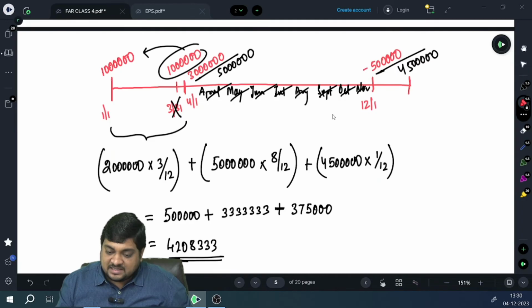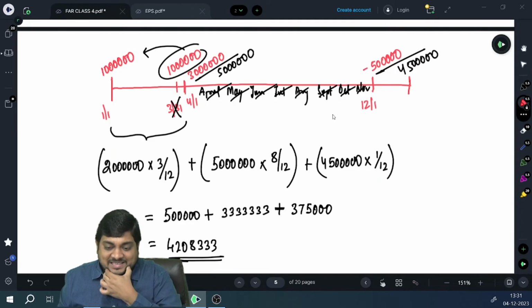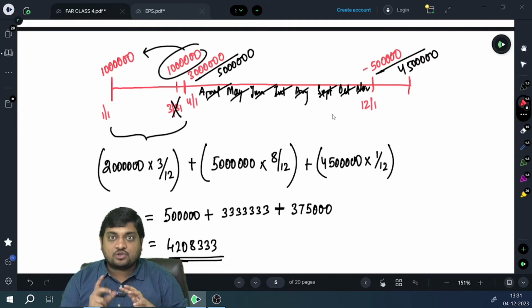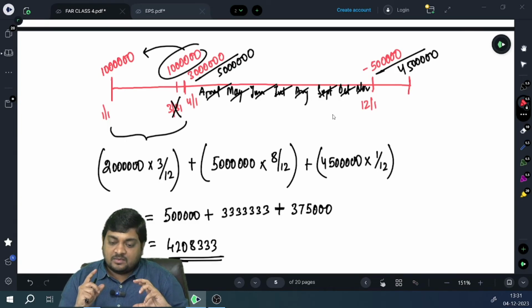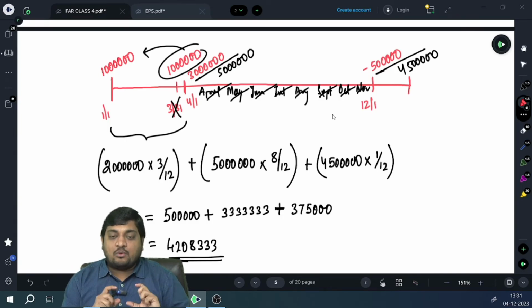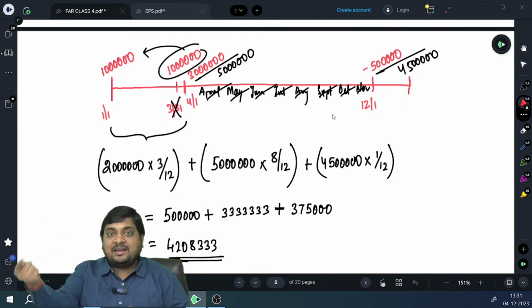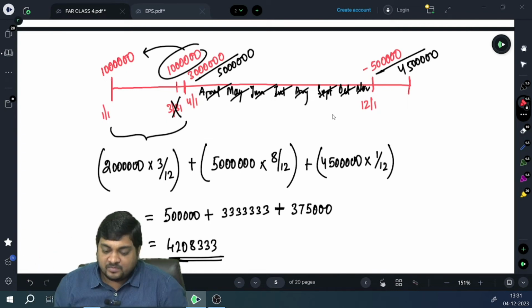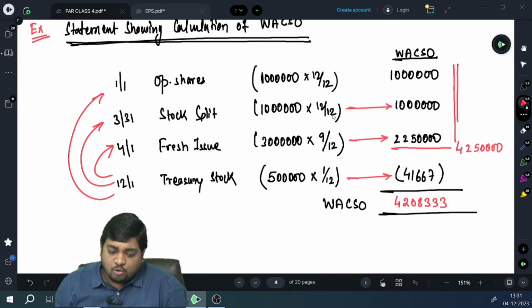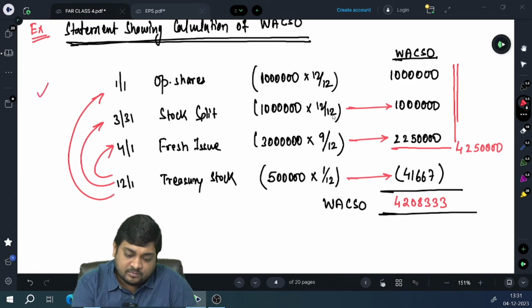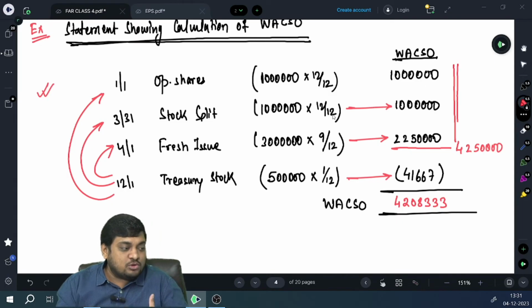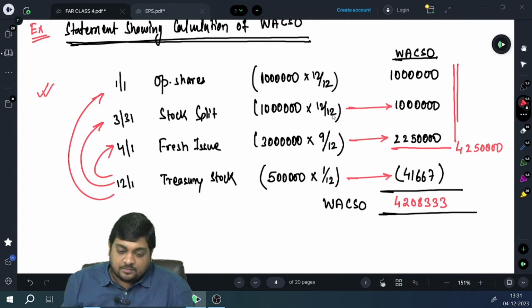But in this case, whenever there is any movement in common stock, the equity, we are calculating fresh outstanding till the next transaction date, right? So usually it is better to go this way. This is more easy to use. Okay, let us move ahead.